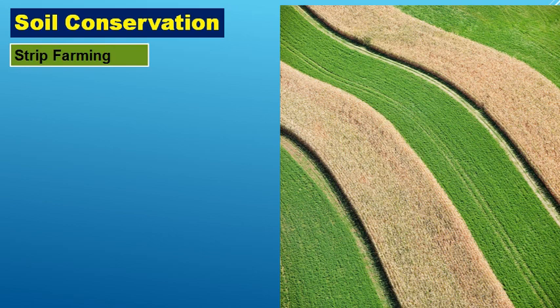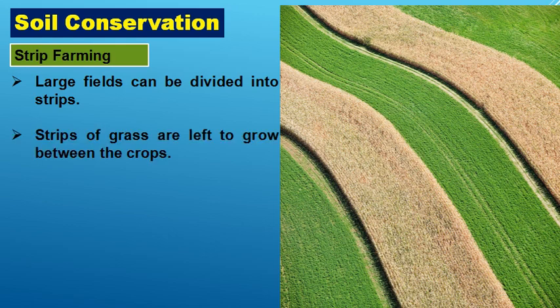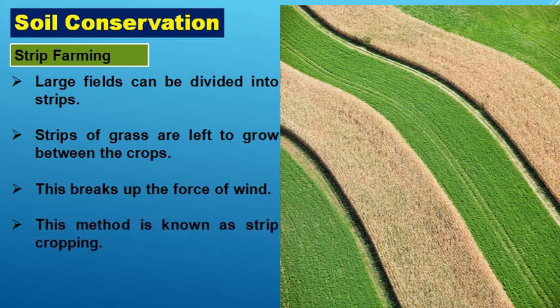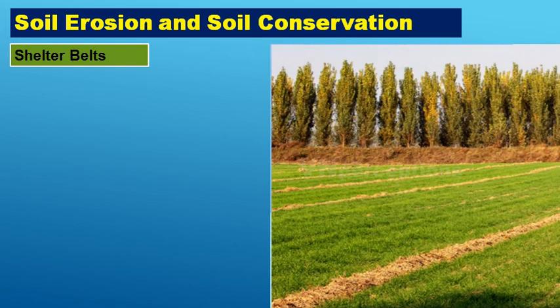That is how they prevent soil erosion. So large fields can be divided into strips. Strips of grass are left to grow between the crops, and this breaks up the force of wind and prevents soil erosion. And this method is known as strip cropping.